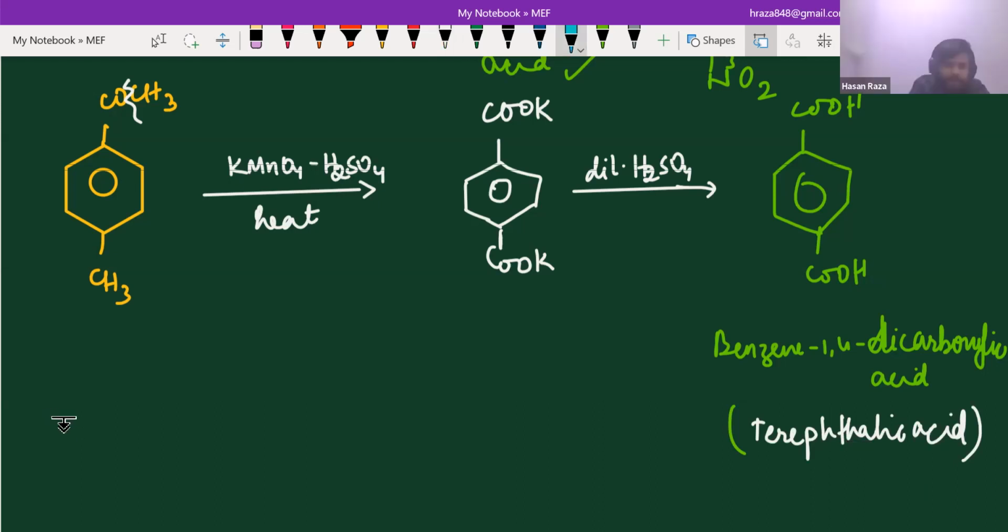Now the last one is very easy. Butanal, CH3CH2CH2CHO, and you convert this into carboxylic acid.